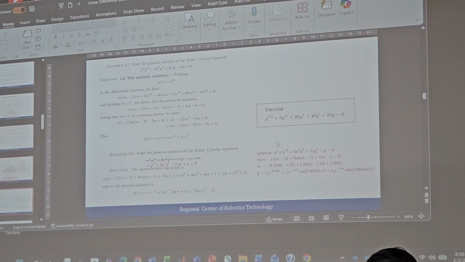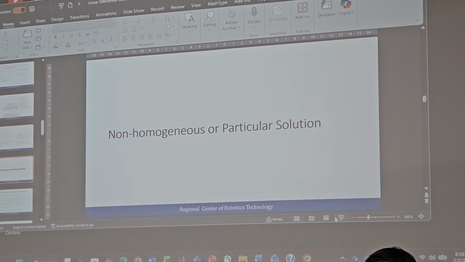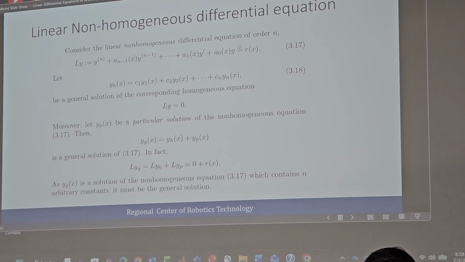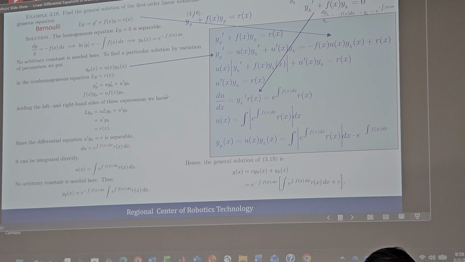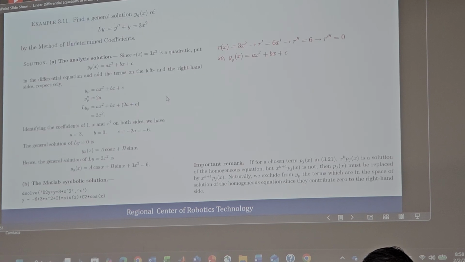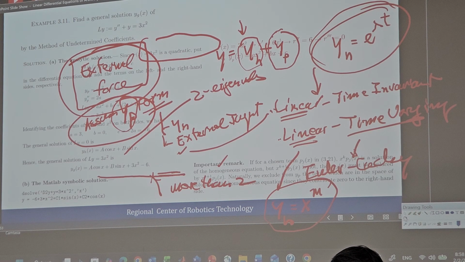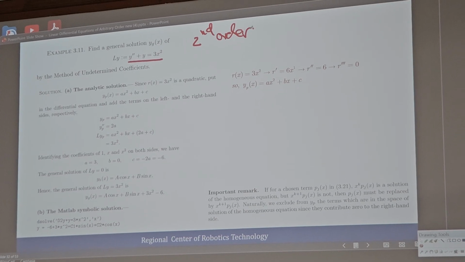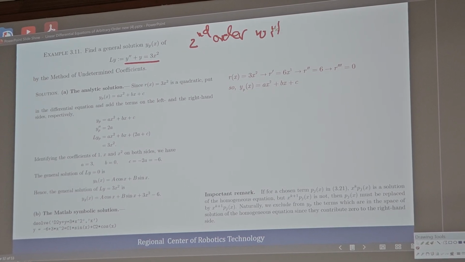You see, when you solve this one, non-homogeneous particular solution, you have Rx. Let's see if you have this equation. This is actually a second order system, with external input.